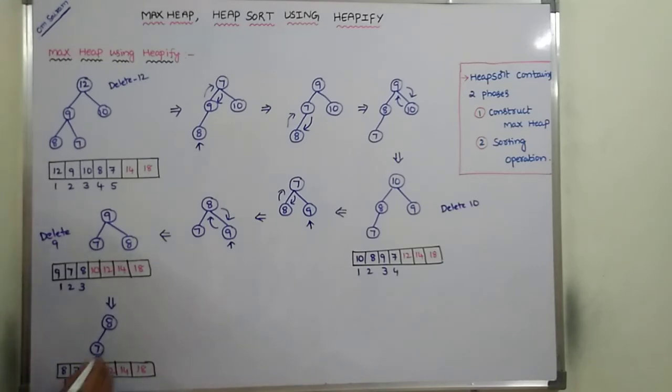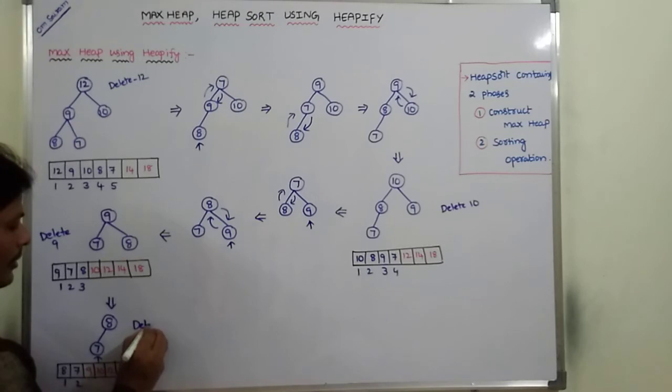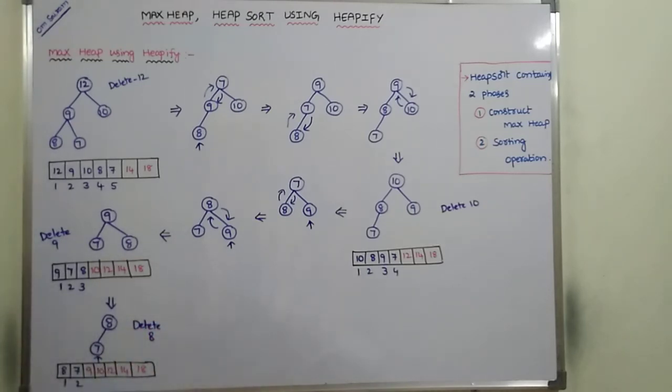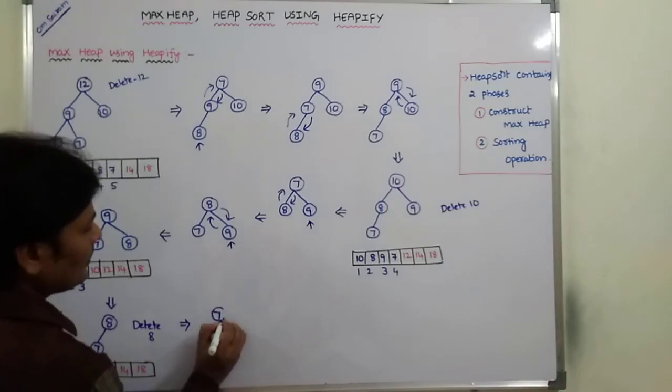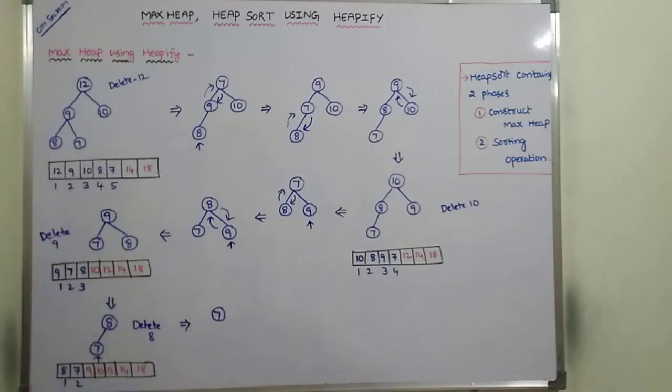Okay. Now next we have to delete 8. After deleting 8, this is the maximum element. Now delete the maximum element at the root node, that is 8. After deleting 8, only one element is there. So 8 can be replaced with the last element, which is 7.